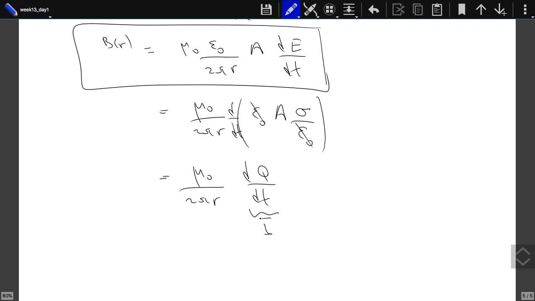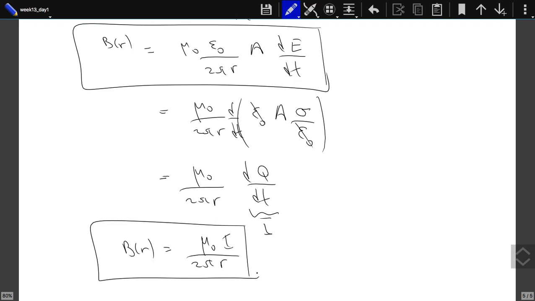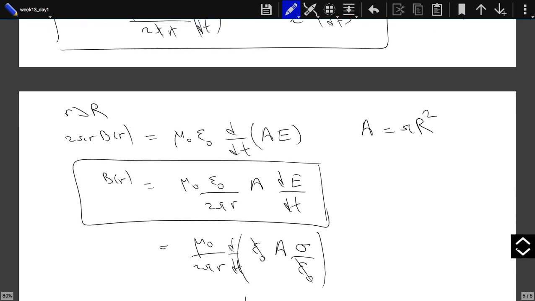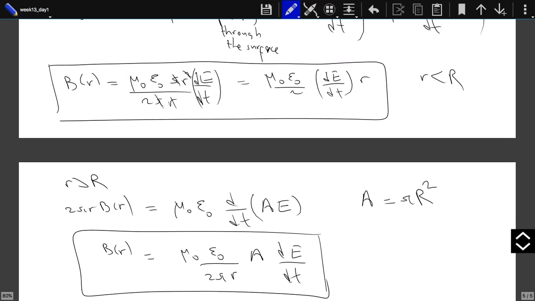But this is nothing but I. So basically, out of the capacitor, it is as if the capacitor is not there. It's as if the current is just continuing straight forward. Inside the capacitor, well, now we can talk about inside the capacitor, and there it will be just increasing linearly with the radius.